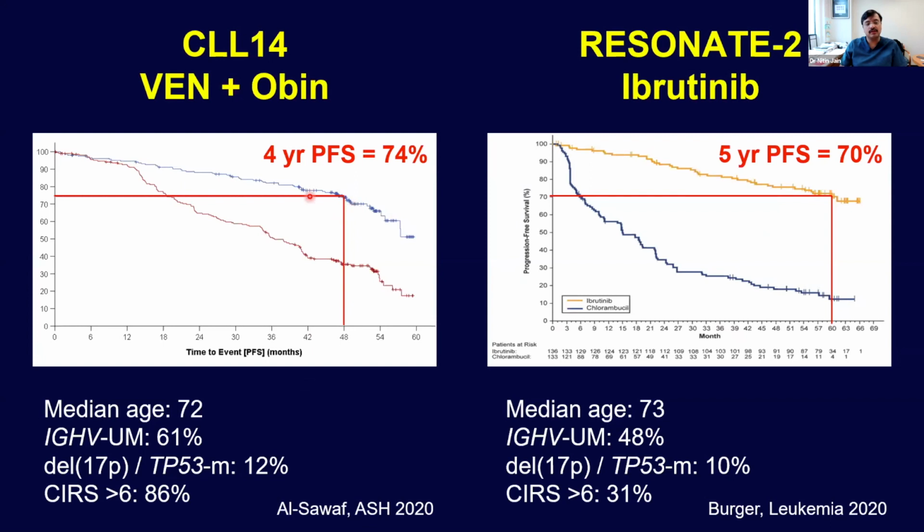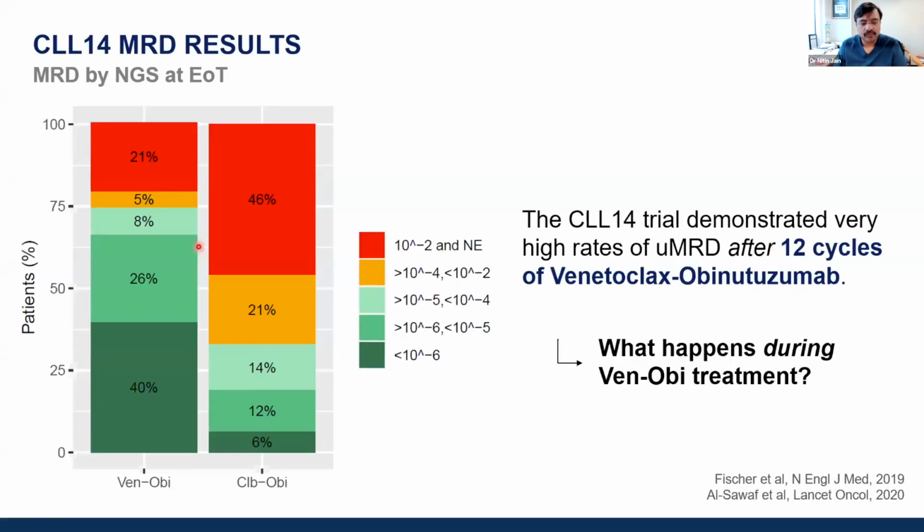And you see here that 1 year of therapy is giving you equal PFS to continuous daily therapy with Ibrutinib. So to me, that is kind of in favor of the time-limited approach, that you're able to achieve durable remissions almost equal to a daily BTK inhibitor.